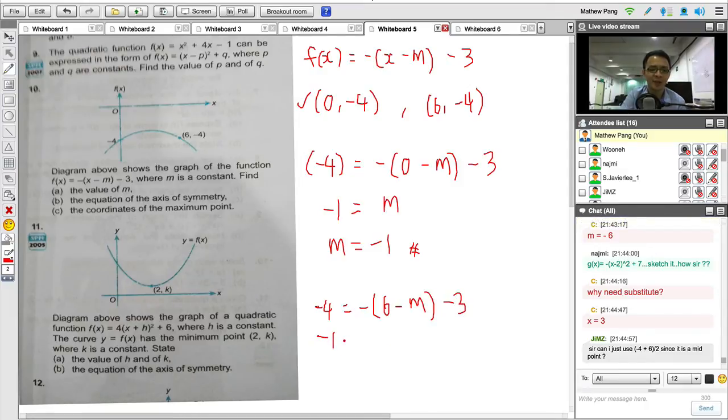This one will be -1 equals -6 plus m. m equals 5. I don't think this is the right way, because both will give you different answers. Am I seeing the wrong question? This diagram belongs to question number 10, isn't it?